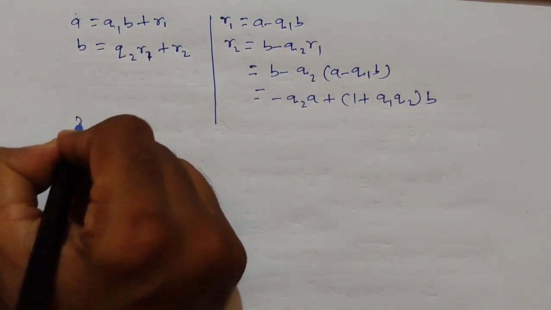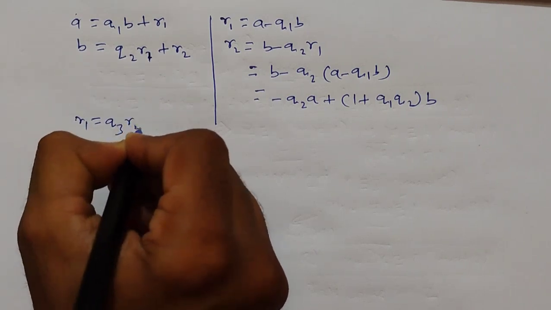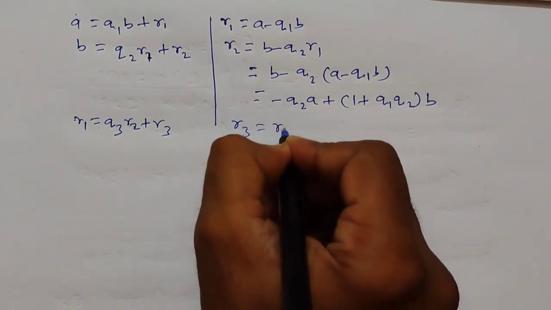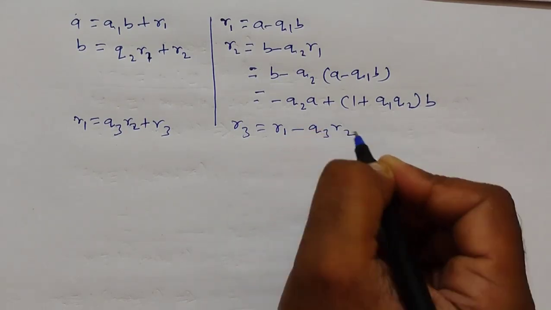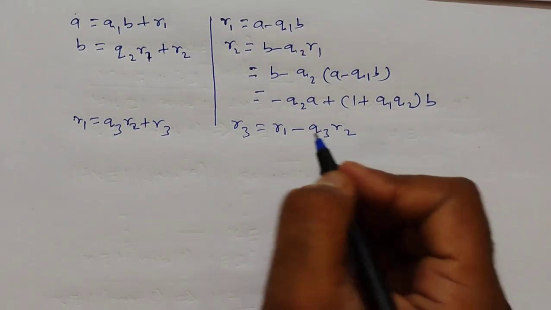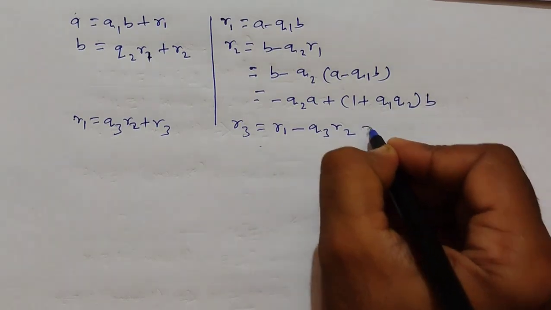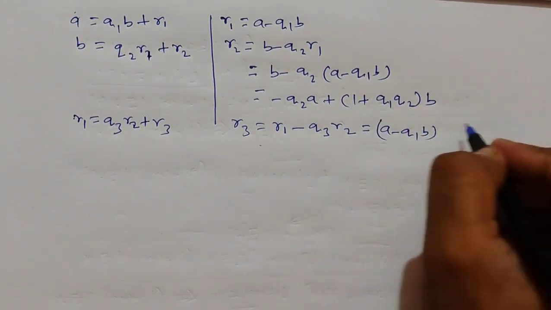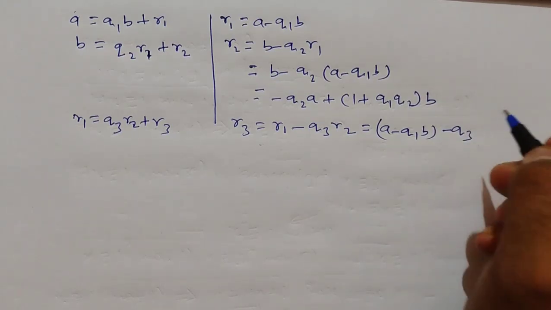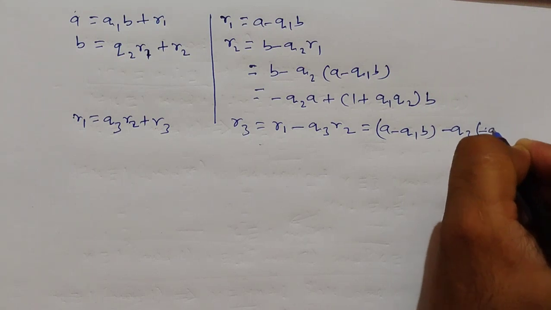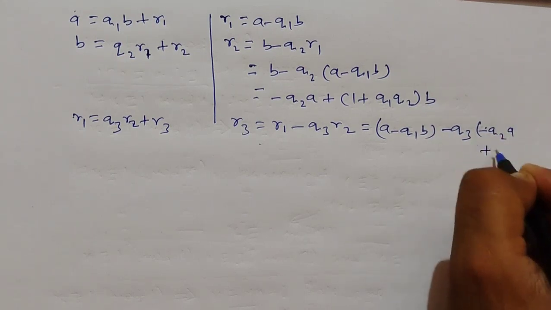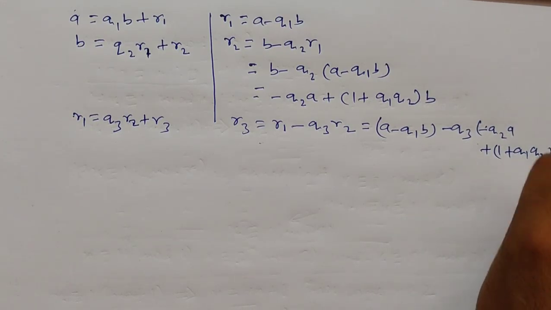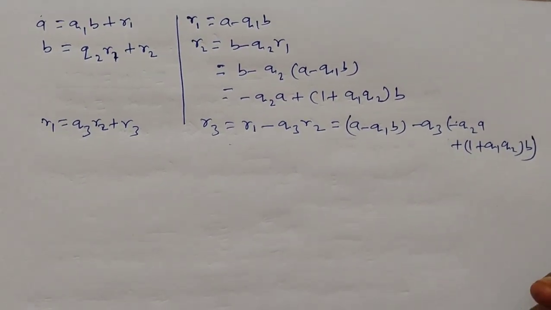and this is R1 is equal to Q3 R2 plus R3, and here R3 is equal to R1 minus Q3 R2, and this is now equal to, we can write as A minus Q1 B minus Q3 into minus Q2 A plus 1 plus Q1 Q2 into B, as you can see here.